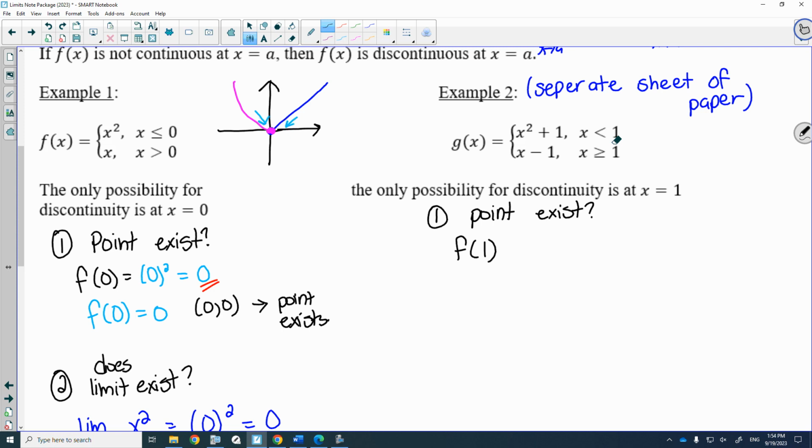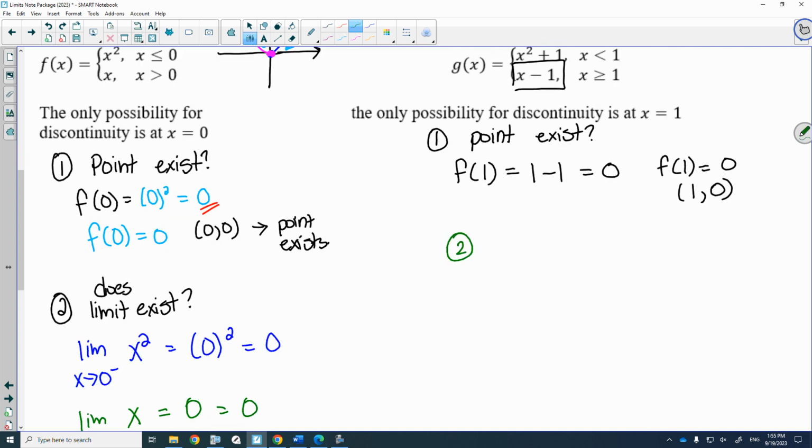So f of 1, we need to decide which function, the top function or the bottom function, you're going to stick 1 into. The bottom, because it's the one with equal to 1. So this function here, x minus 1, which will be 1 minus 1, which is 0. So f of 1 is equal to 0. The point on my graph when x is 1, y is 0. The point exists. There's going to be a point on my graph at (1, 0).